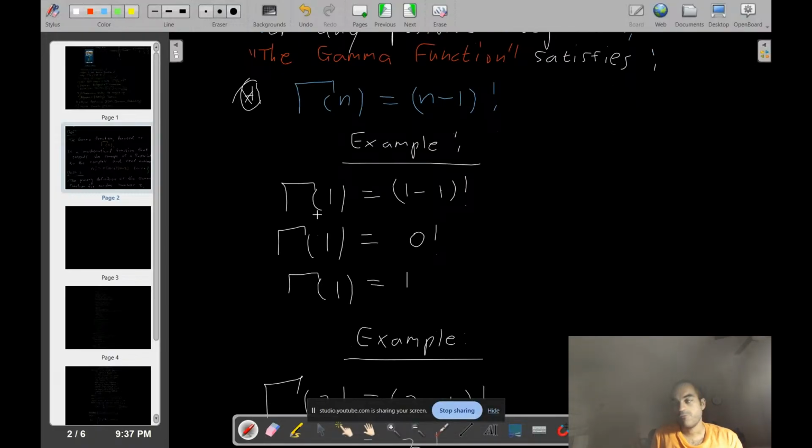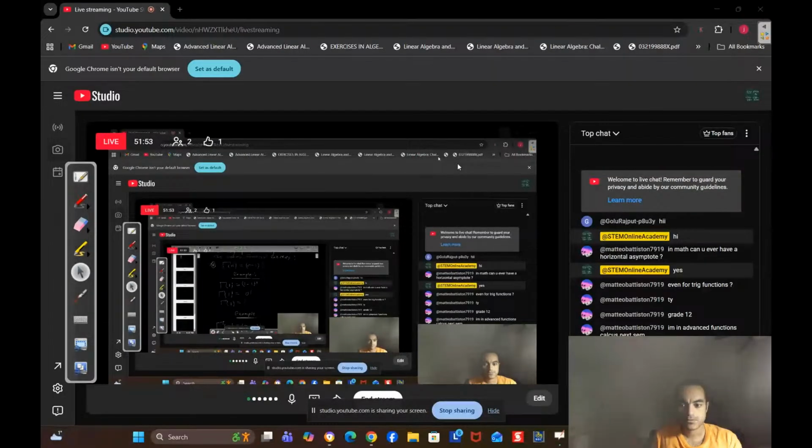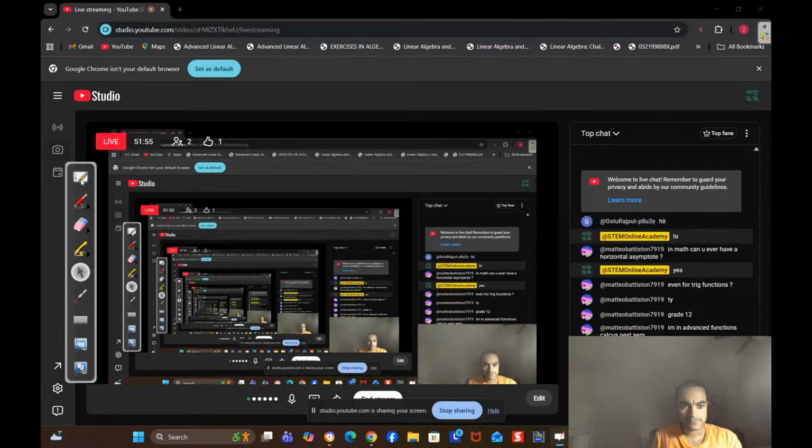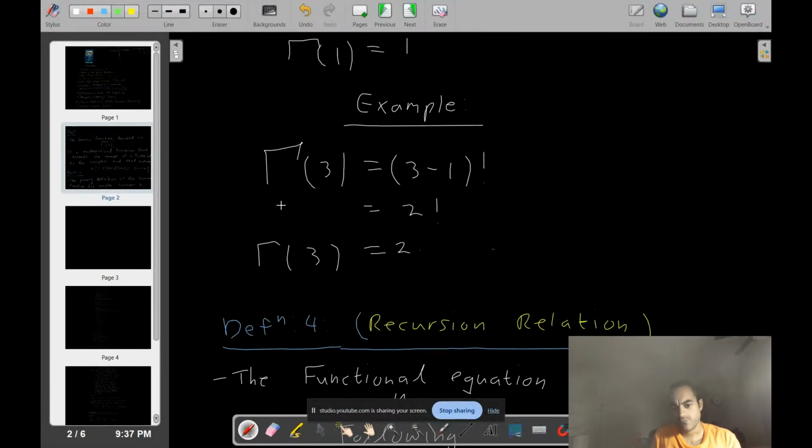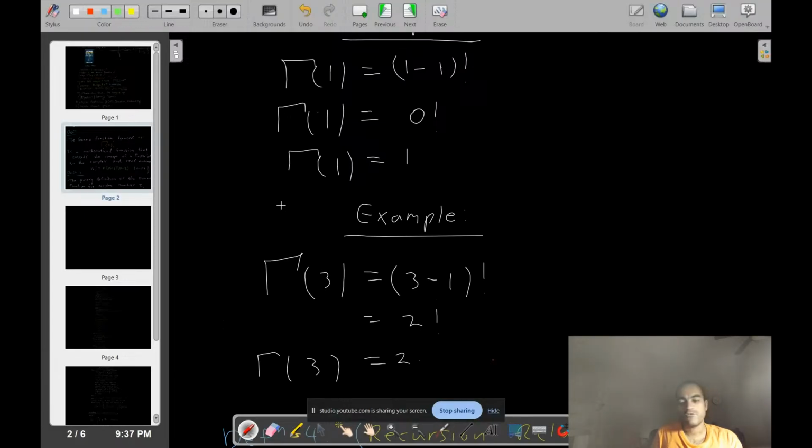Gamma of n is n minus 1 factorial. So if we wanted to calculate gamma of 1, n is 1, so 1 minus 1 factorial. 1 minus 1 is 0, and 0 factorial is 1. If that makes sense to people, hope it does, always put a thumbs up in the chat. I appreciate it. Or anything else. For instance, if you want to calculate gamma of 3, that would be 3 minus 1 factorial, which is 2 factorial. 2 factorial is 2, because 2 times 1.